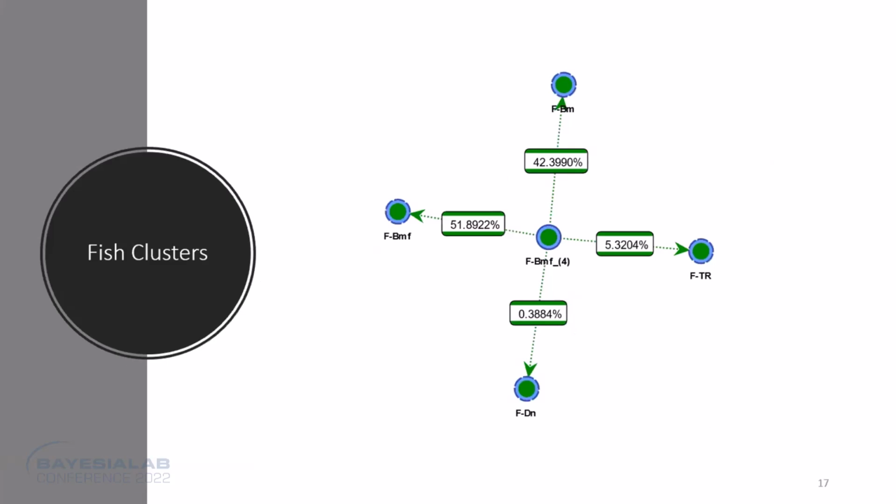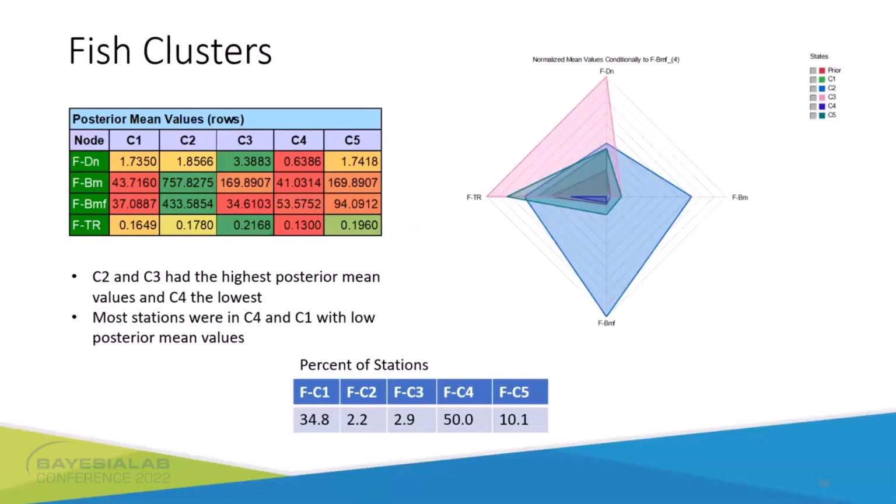Next, we clustered our fish variable. The manifest node with the most influence was the fish biomass per fish measurement. In this case, we had two clusters with high posterior mean values. Cluster 2 had the biomass high posterior mean values, and cluster 3 had the density and fish taxa richness.